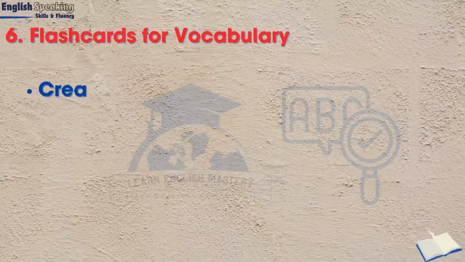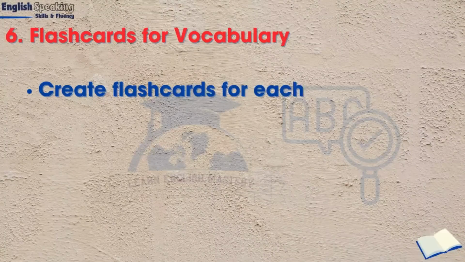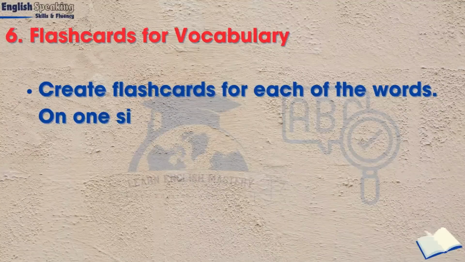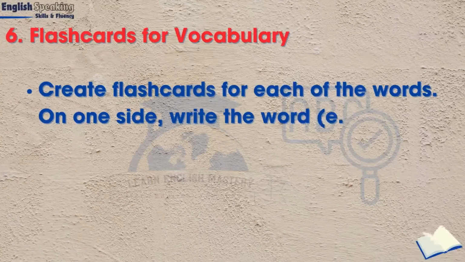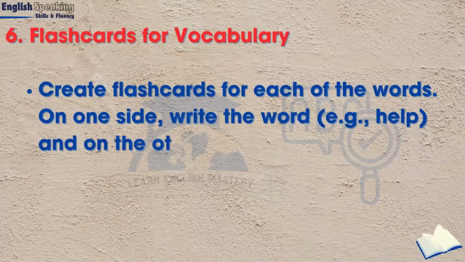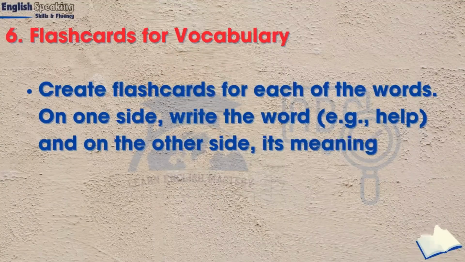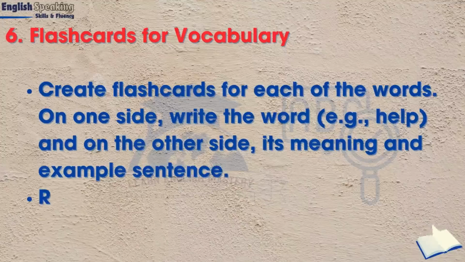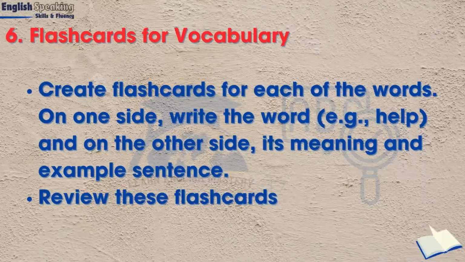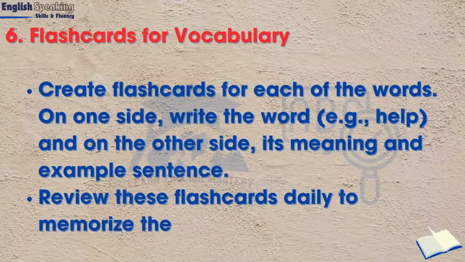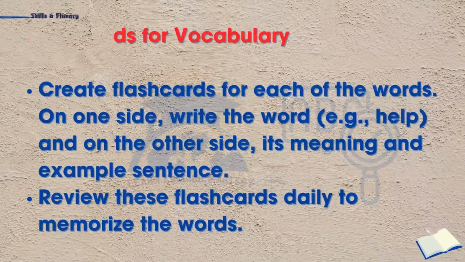Flashcards for vocabulary. Create flashcards for each of the words. On one side, write the word, e.g., help, and on the other side, its meaning and example sentence. Review these flashcards daily to memorize the words.